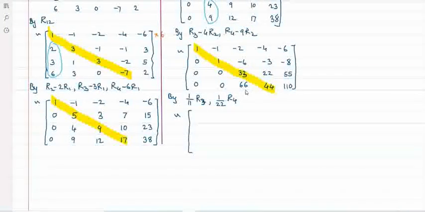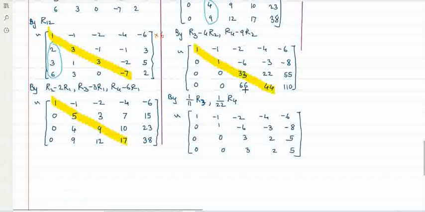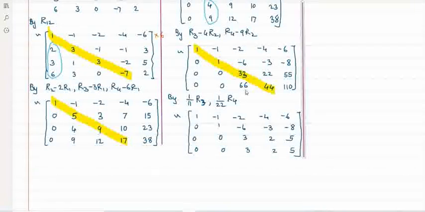So the new equivalent matrix where the change is in the third and fourth rows. The new matrix: first row 1, minus 1, minus 2, minus 4, minus 6; 0, 1, minus 6, minus 3, minus 8; 0, 0, 3, 2, 5; 0, 0, 3, 2, 5. Tell me the next. R3 minus R4. It is not necessary to obtain that element as a 1.